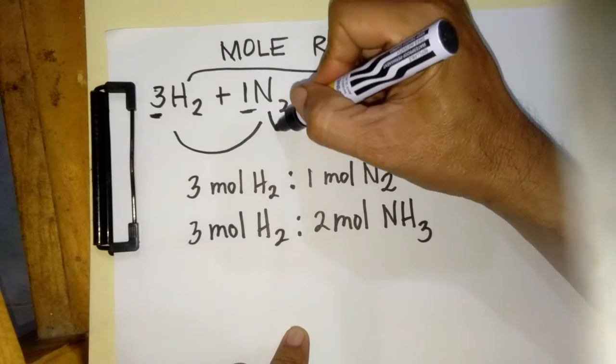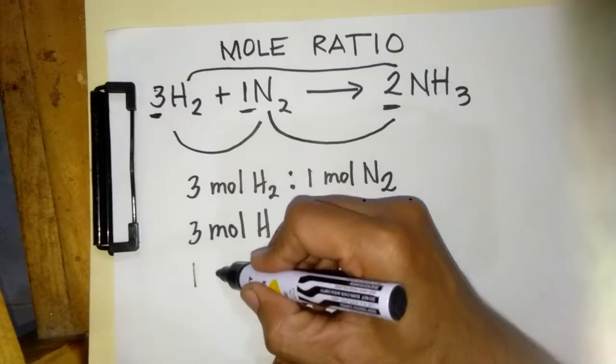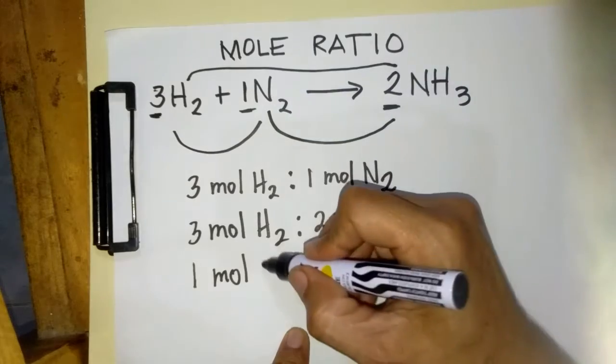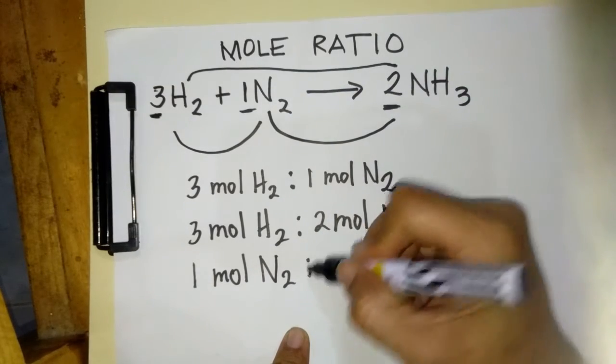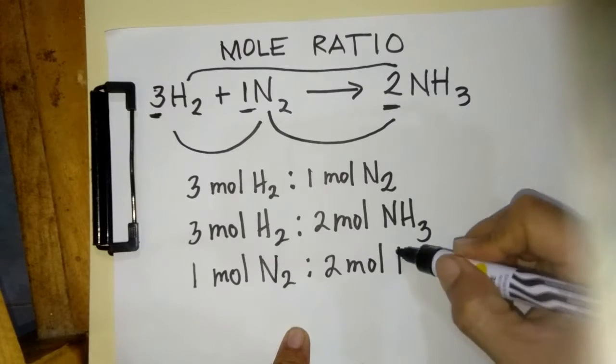And we have also this one, 1 mole of N2 is to 2 moles of NH3.